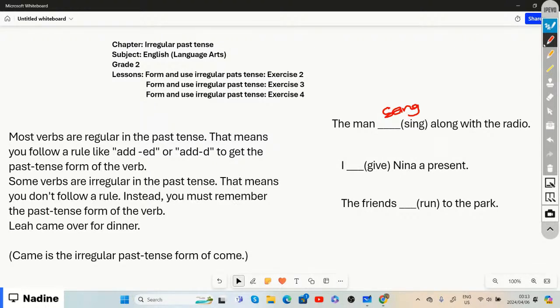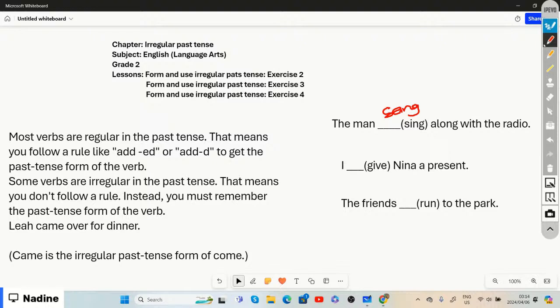All right. I give Nina a present. Give. In the past, we need to say it in the past.